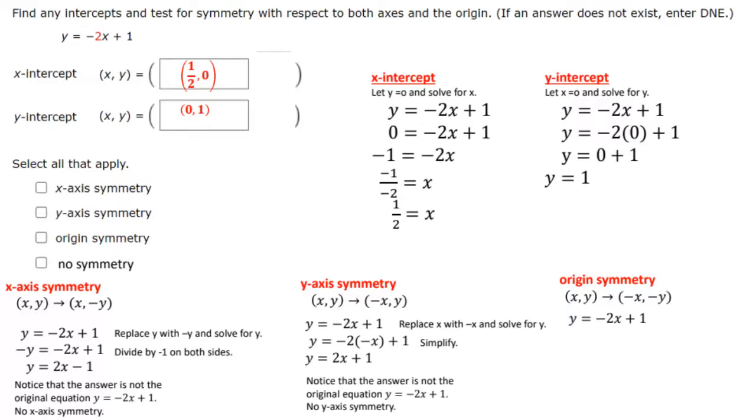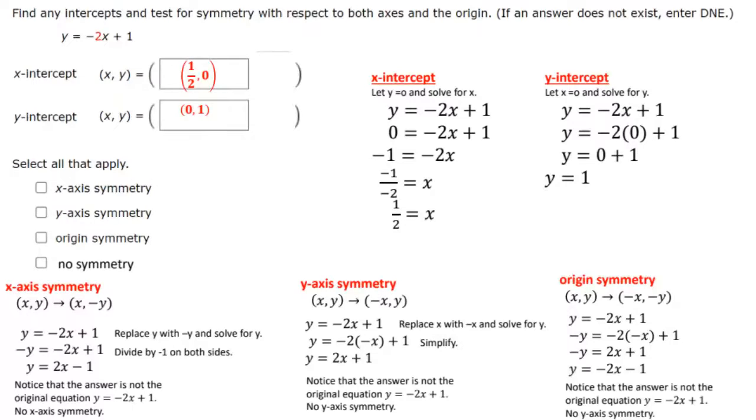To check for the origin, we swap both of the signs, for both the x and the y. When we replace x and y with the negative, we end up with a different equation again. This equation being a line, and pretty much all lines, do not have any type of symmetry. They don't have x-axis or y-axis or origin symmetry. But these are the ways to test for symmetry.